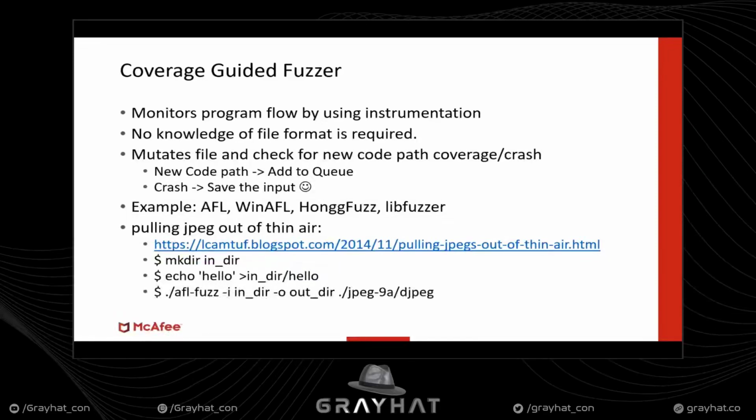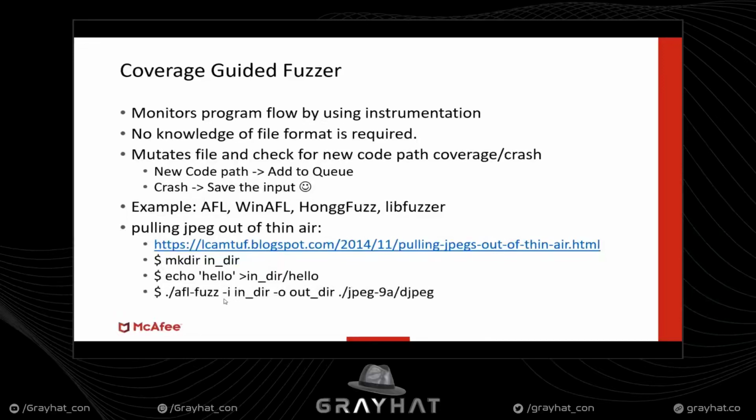There is a very interesting case study done by the author of AFL in which he created a simple text file which contains only "hello", and he fed that text file to a JPG image program.